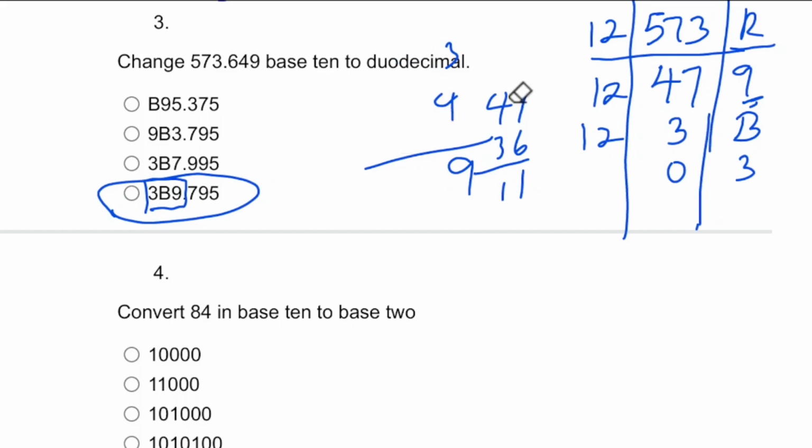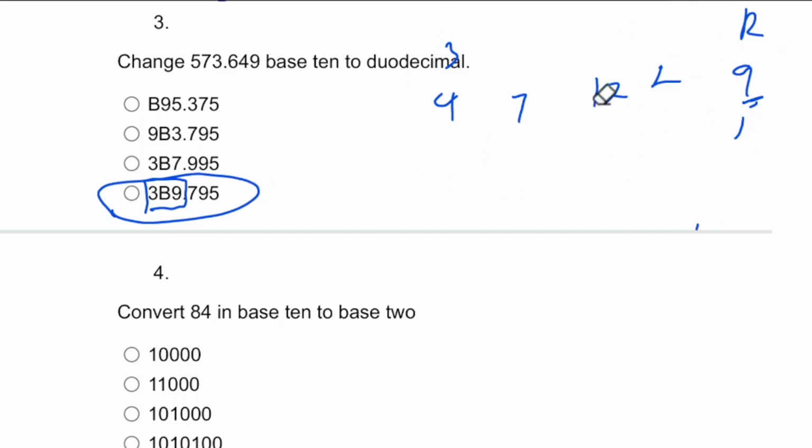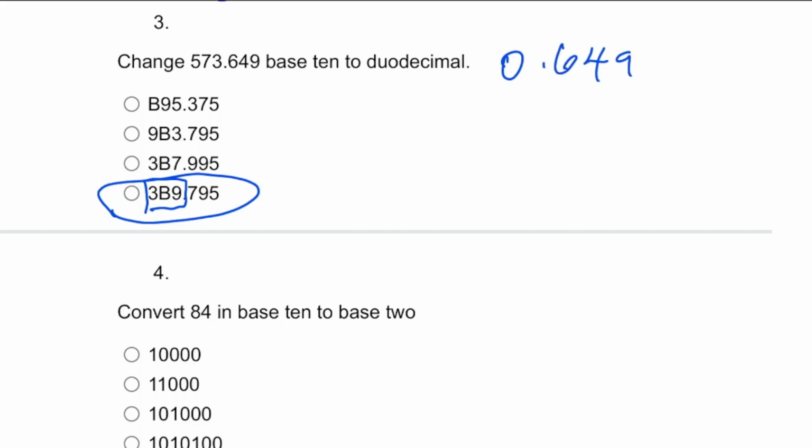Let me clean this. So for the decimal part, I'm going to have 0.649.